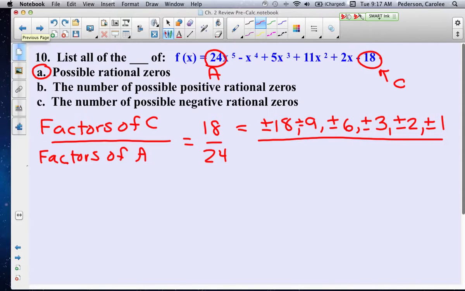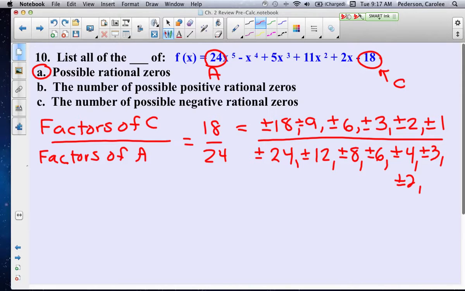You're going descending. All of those numbers can be divided by all the factors in that denominator. So what are some factors of 24? 24, 12, 8, 6, 4, 3, 2, 1.